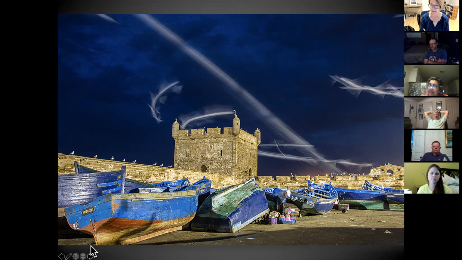And then the light is spilling over onto the old fort area. But as the gulls fly through the harbor looking for fish, they look to me like flying fish. So those are gulls flying through the light. So that's painting with light as well.